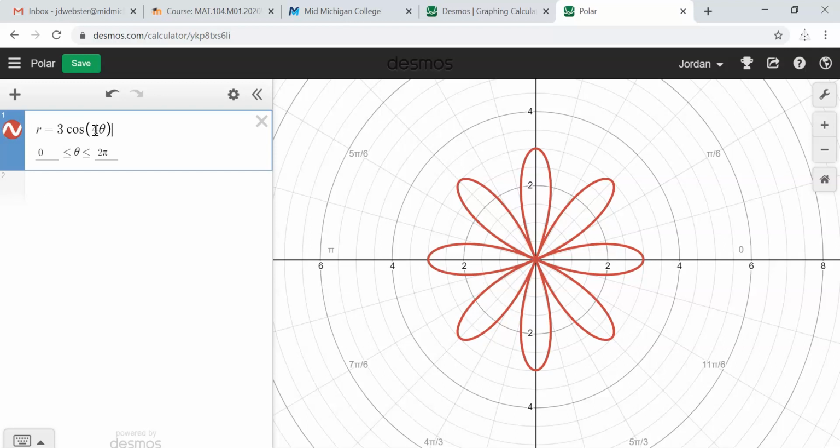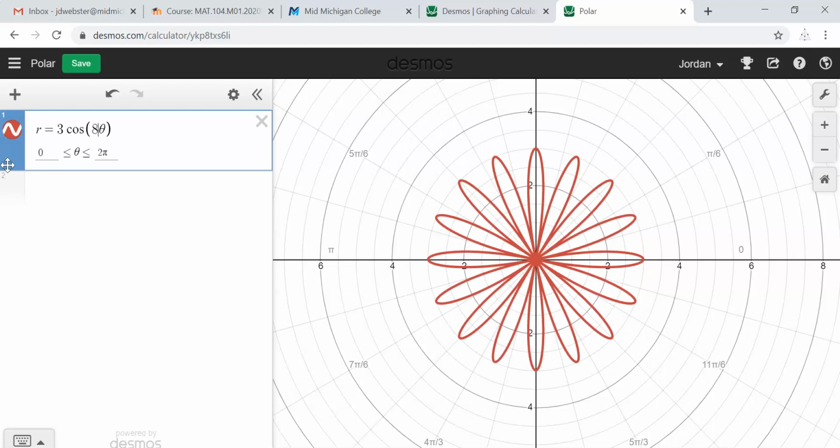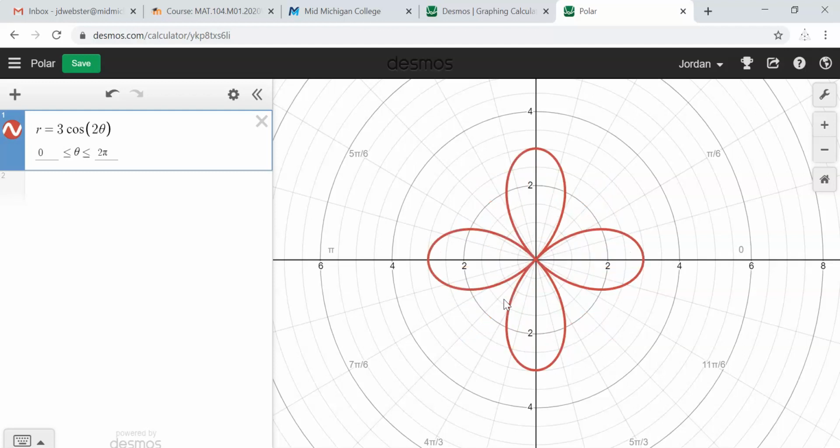So with 4 theta in my argument, I ended up with 8 petals. If I were to have typed in 6 theta, I would have ended up with 12 petals. If I were to type in 8 theta, I would have ended up with 16, and so on and so forth. 2, I end up with 4, etc.